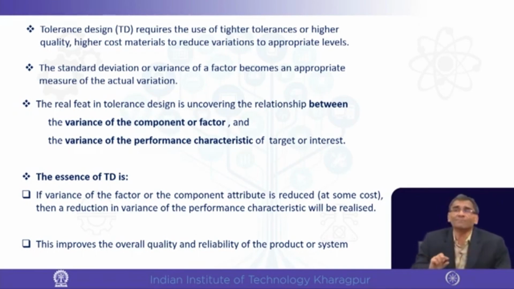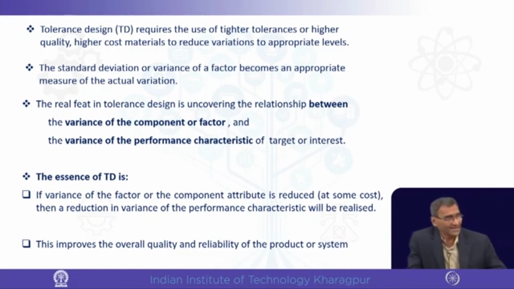So, this relationship, how much improvement we can bring to the performance of the product if I reduce the particular tolerance range, has to be established, and this improves the overall quality of the product.